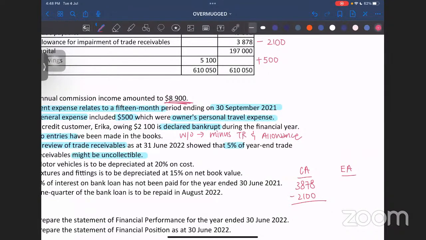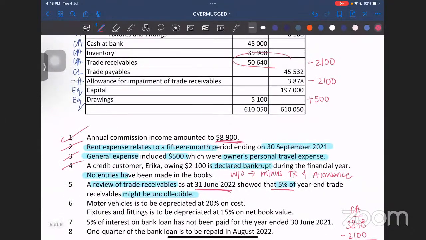If you punch in your calculator, you will get 1,778. So currently I have 1,778 as my allowance. Let's calculate the ending allowance. The ending allowance is that at the year end, I have 5% of the TR that maybe we cannot collect. So for ending allowance, I will take 5% multiplied by my trade receivable. I will always take the updated trade receivable amount, so anyone that is written off, I will deduct away as well.